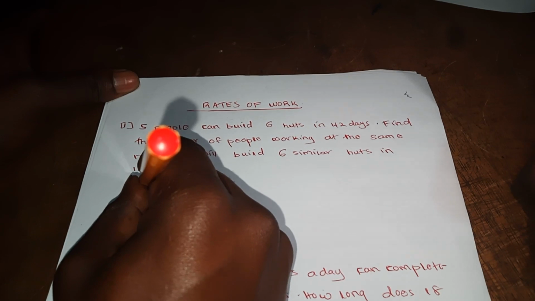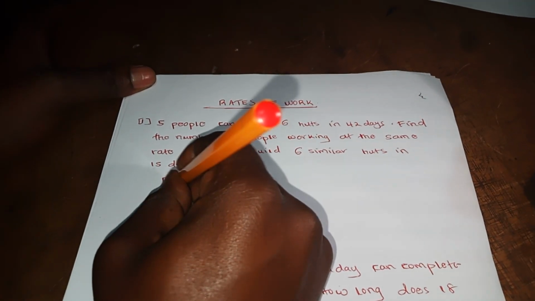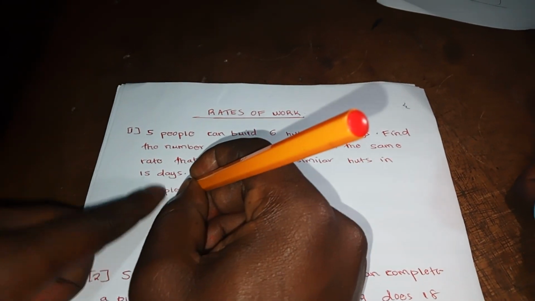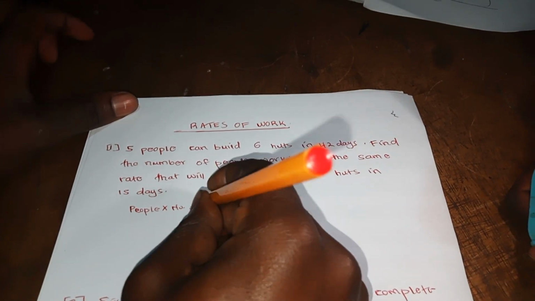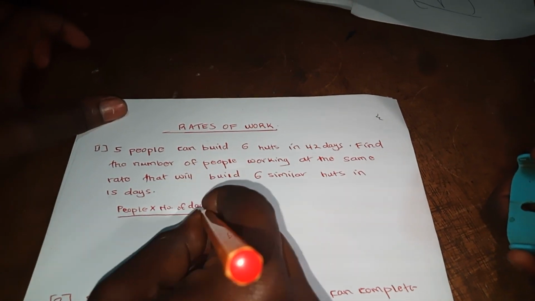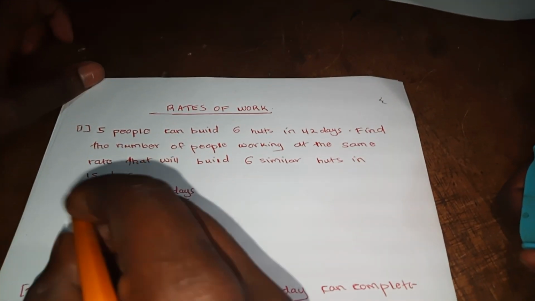So I'll have people times the number of days. If the question is talking about hours, you can also include hours on the numerator, but you don't have that one.